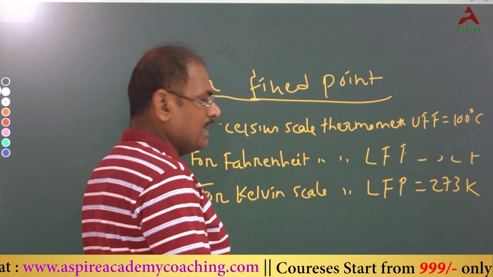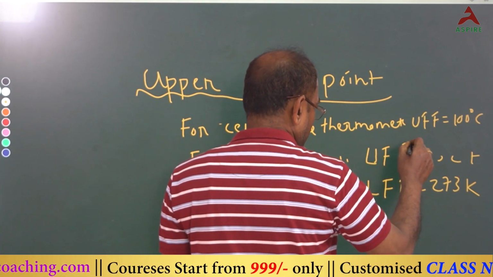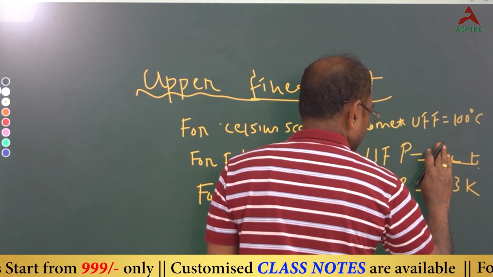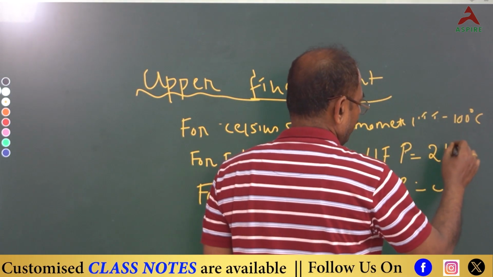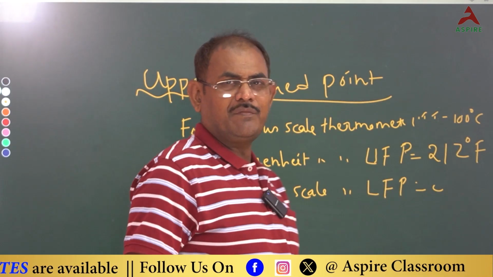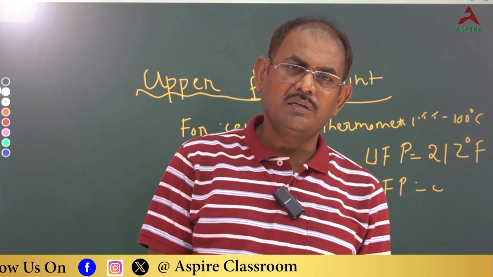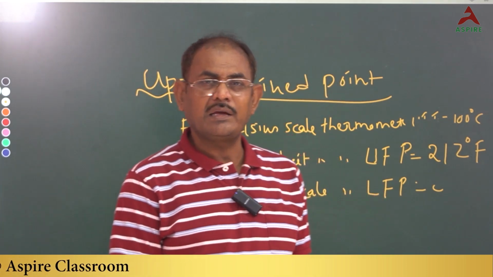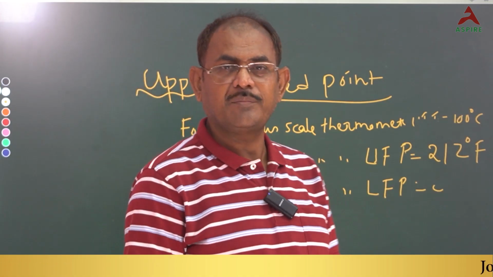Again, for the Fahrenheit scale the upper fixed point is 212 degree Fahrenheit. That means water boils at 212 degree Fahrenheit, and that is why its upper fixed point is 212 degree Fahrenheit.